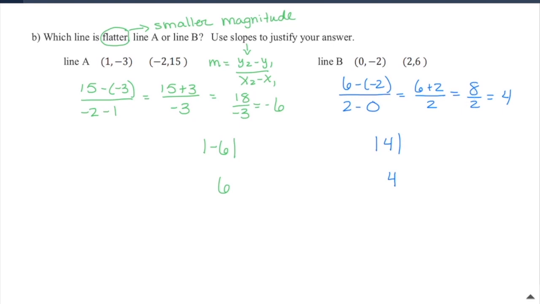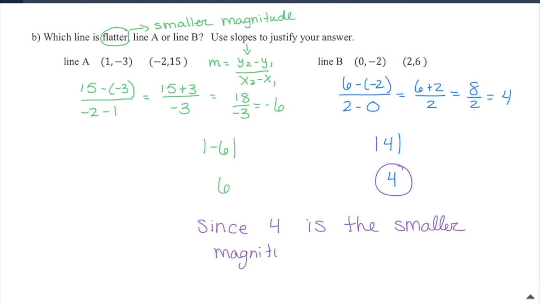I'm looking for the smaller magnitude this time because I want the flatter line. The smaller magnitude is 4. So since 4 is the smaller magnitude, then line B is the flatter line.